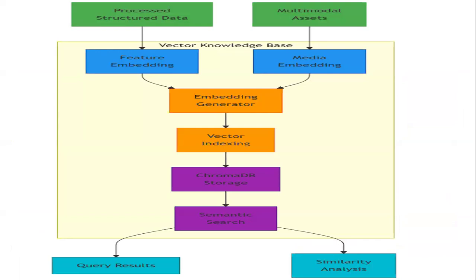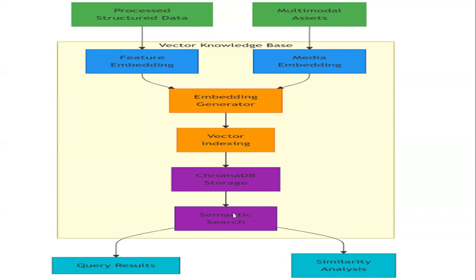Here you can see this process flow: we process structured data, then perform the embedding, then the generated embeddings are stored in vector indexes, and the vector indexes are stored in a database, here Chroma DB. Then we can query the database, perform semantic search, and get the query result. And if you want similarity analysis, we can perform that on this vector database also.